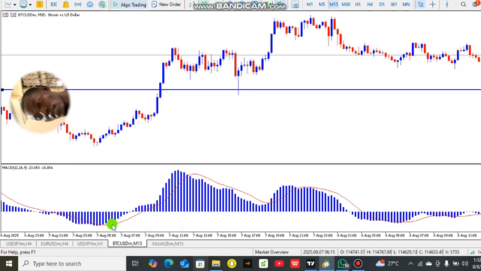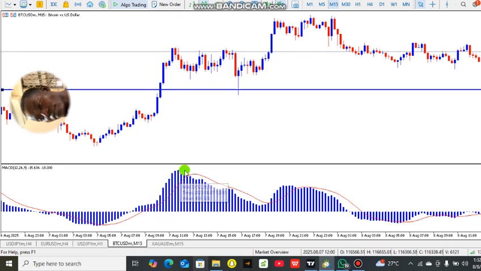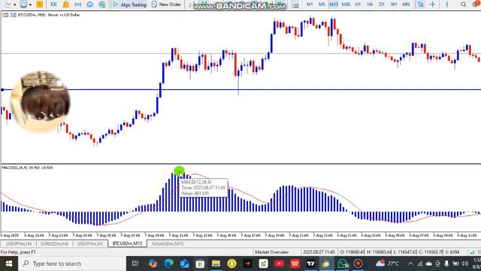So that's where you start looking for your buy entry. So it helps you to enter for buy as early as possible, even before the market crosses above the 0 line. Once it crosses above the 0 line, that's an indication that the market will continue to push to the upside, and so you buy or you hold your buy position, and as it continues pushing above the signal line, you make profits.